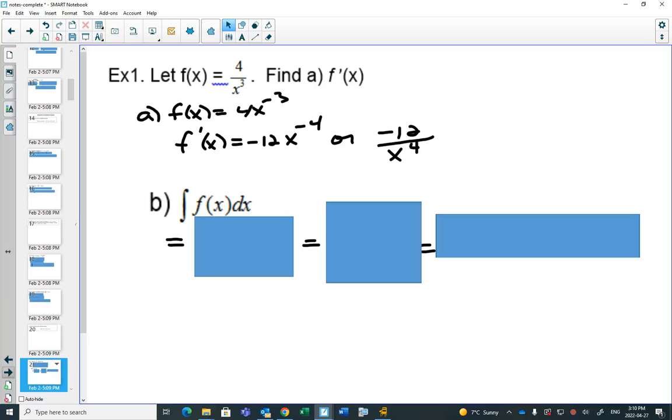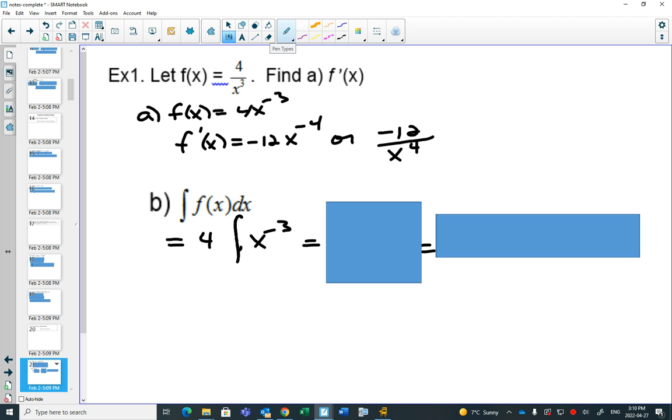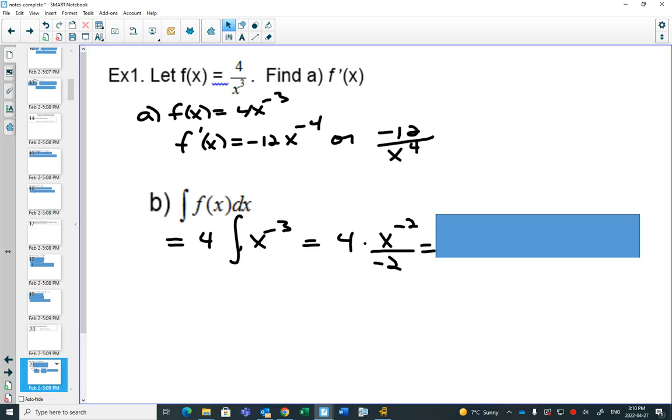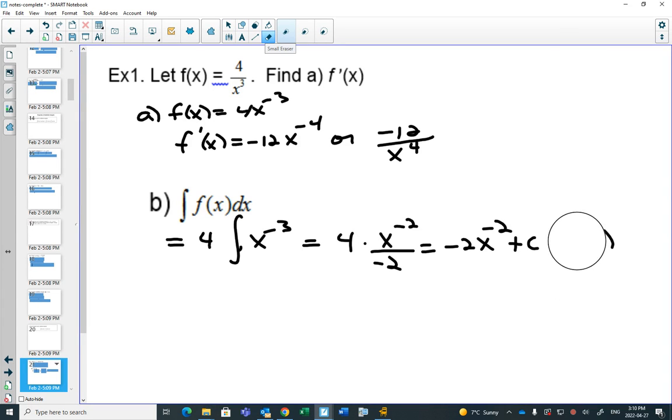For my integral rule, I can bring that 4 out. I don't think I'd even ask you to show that. Because what do you do? Add 1 to your exponent and divide. Would it have mattered that you brought the 4 out? Probably not. But there are cases where it's easier to see what the final answer would be by doing that.